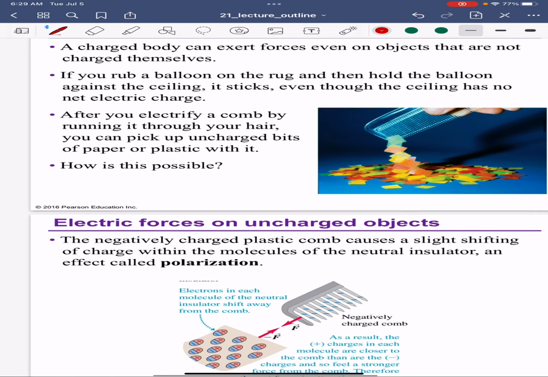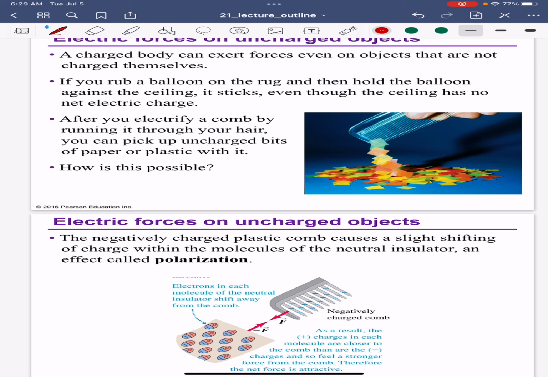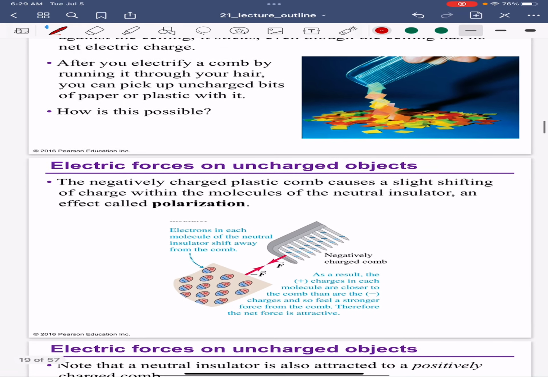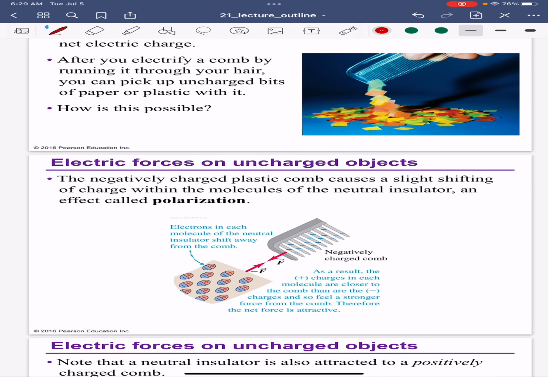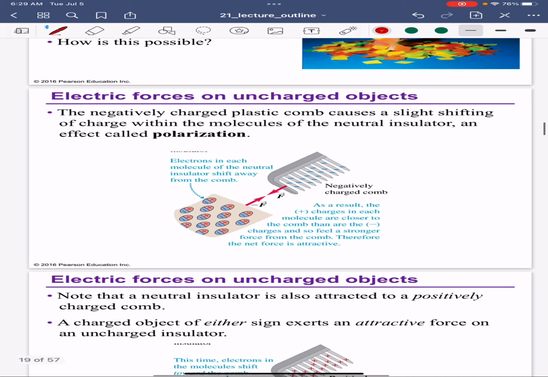If the comb is negatively charged, there is a slight shifting or splitting of the charges, meaning the positives are going to face the comb and the negatives are going to be on the other side, and therefore we have what is called polarization.